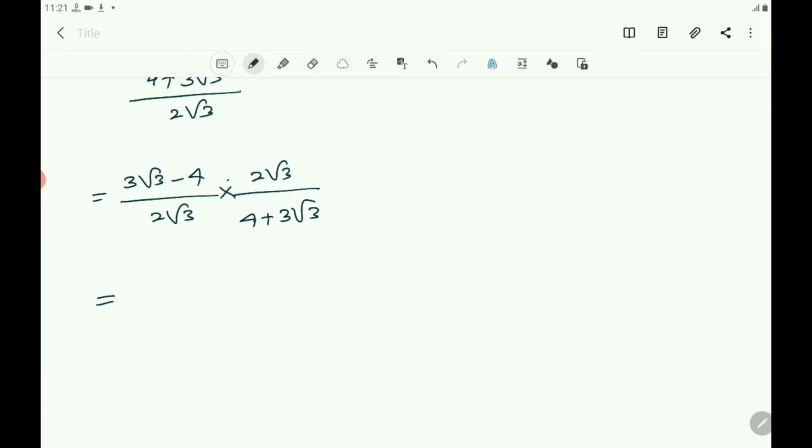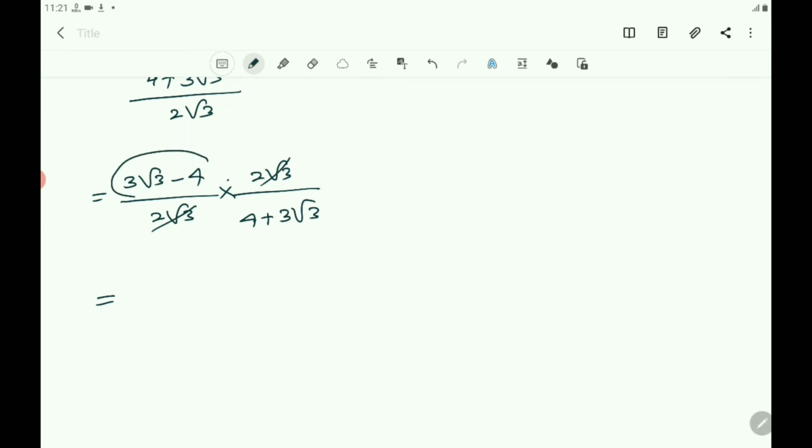Here 2 root 3 cancels: one 2 root 3 is in the numerator and the other is in the denominator, so you can cancel them.